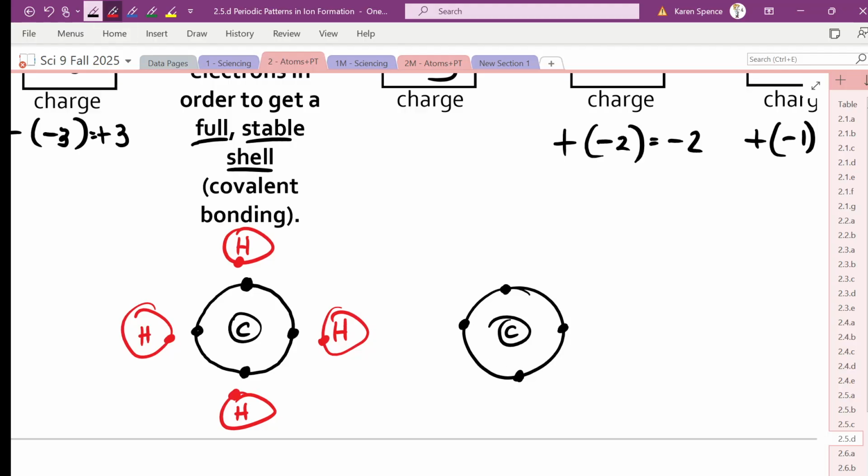And hydrogen is going to say, okay, and in return, I will also share my electron with you. That's how one type of compound is made. That's how covalent compounds are made.